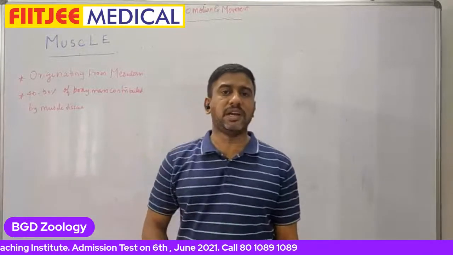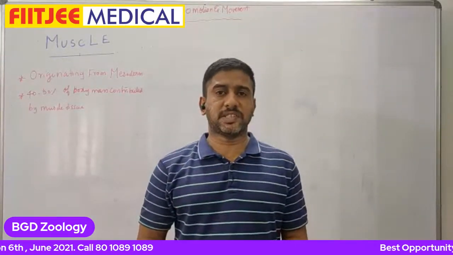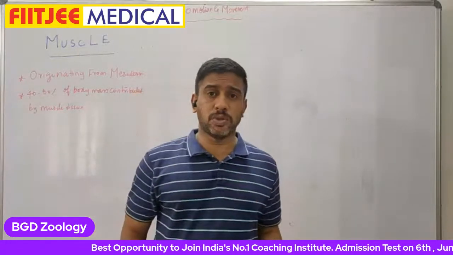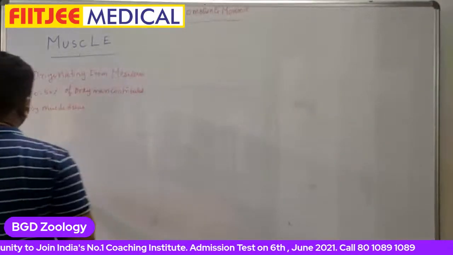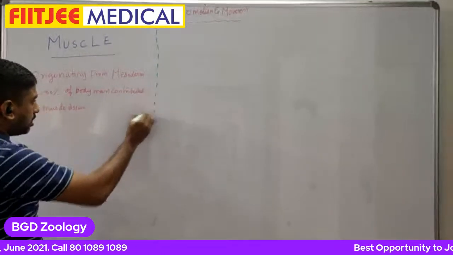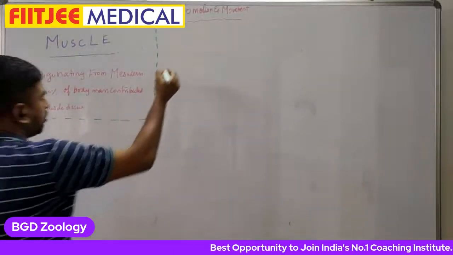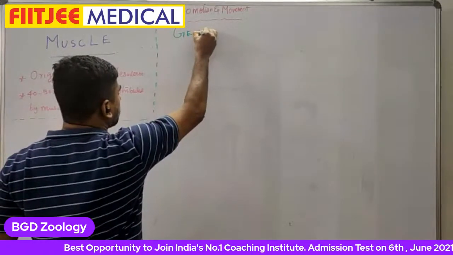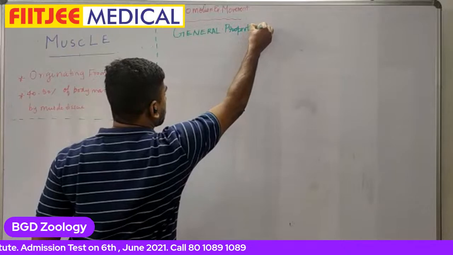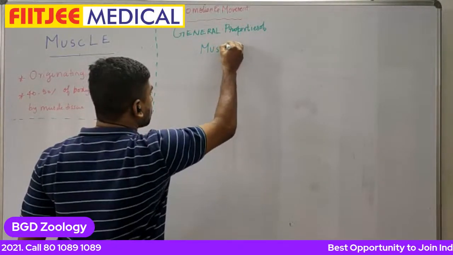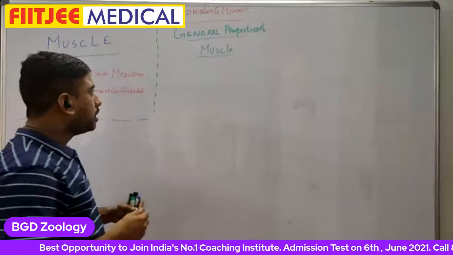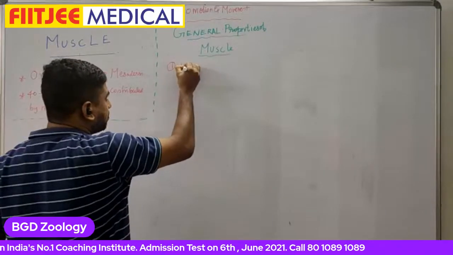If you take muscles, there are different types: skeletal muscles, smooth muscles, and cardiac muscles. Whether skeletal, smooth, or cardiac, all these muscles have general properties, and those general properties we are going to see next. The number one property the muscle has is that it gets excited, so it has excitability.